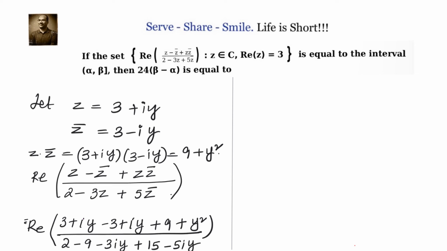Now from here we have to get the real part, so let us simplify this. In the numerator 3 and 3 will cancel, we will have 9 plus y square plus 2iy, divided by, in the denominator, 15 minus 9 plus 2, that is 8, minus 8iy.